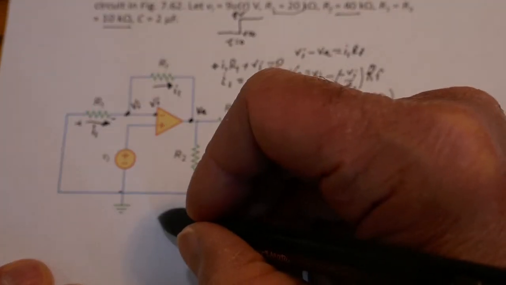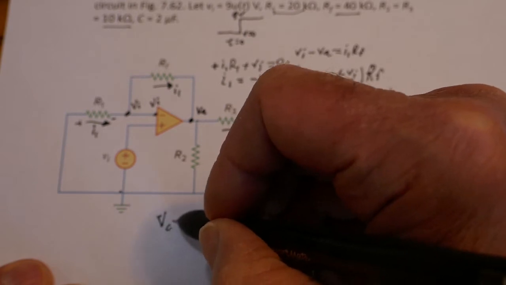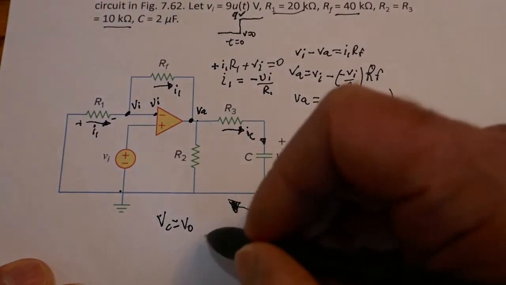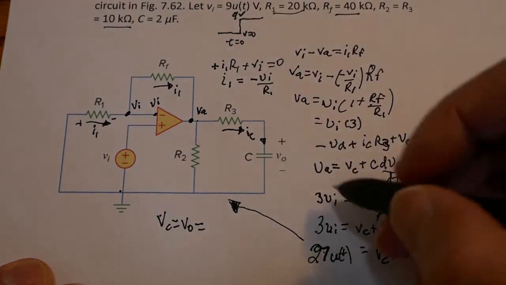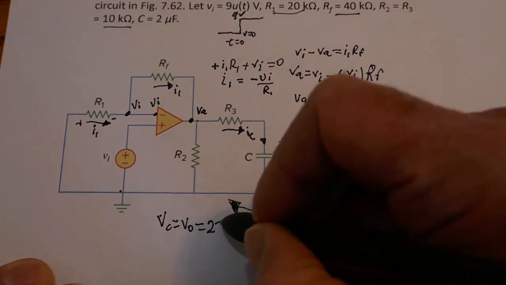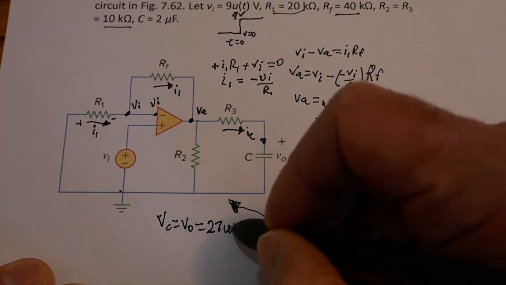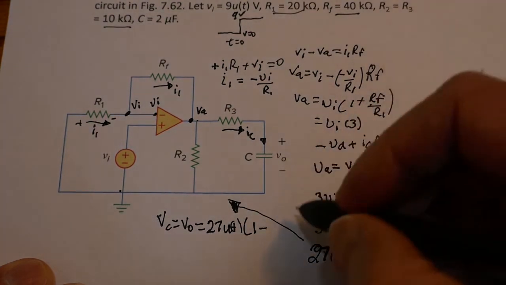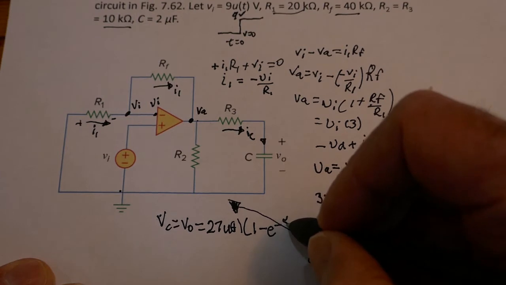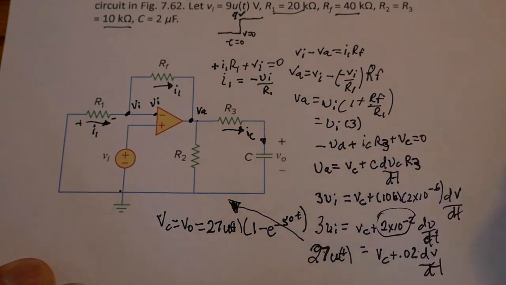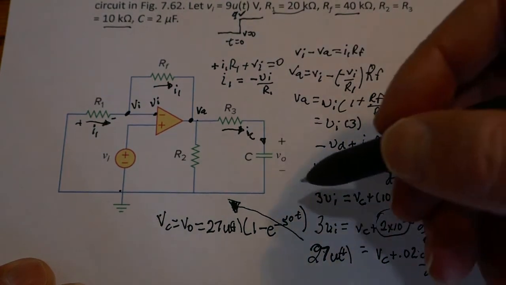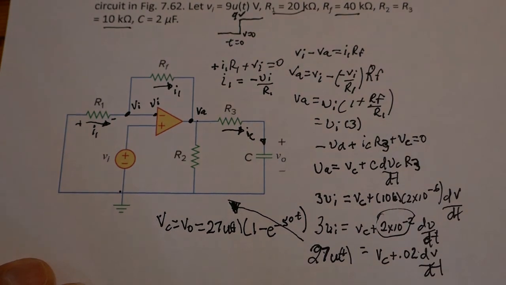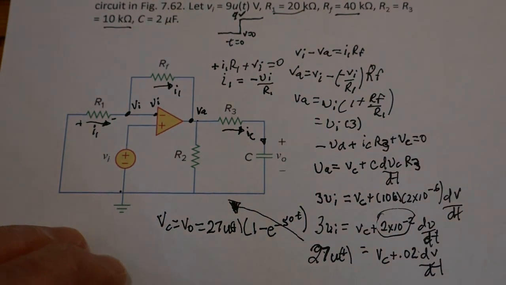So VC, which is equal to V0 then, is just equal to 27 u(t) times 1 minus e to the minus 50t. All right, so that starts out at 0. So that's how you solve practice problem 7.16.